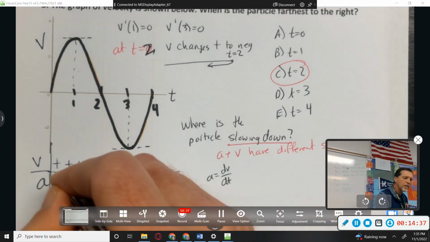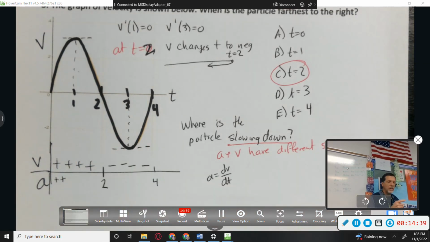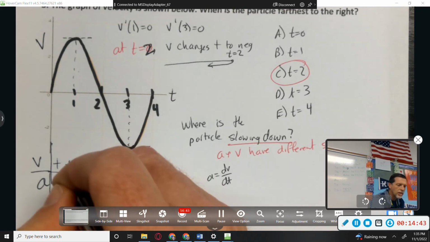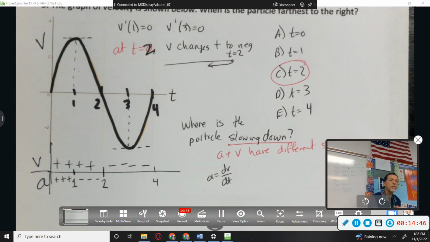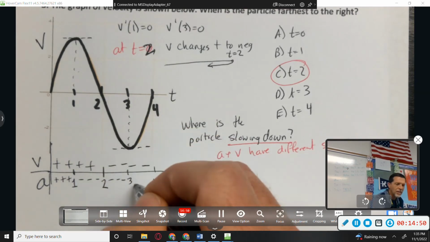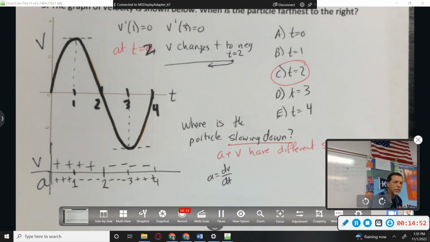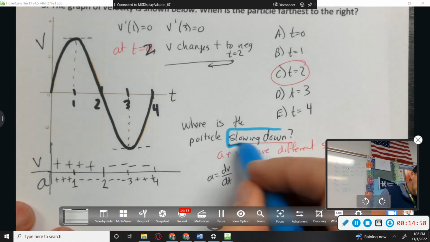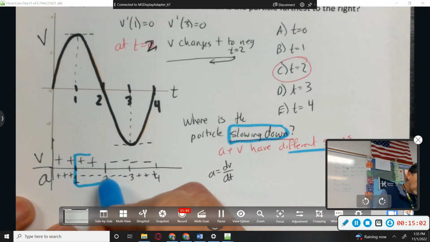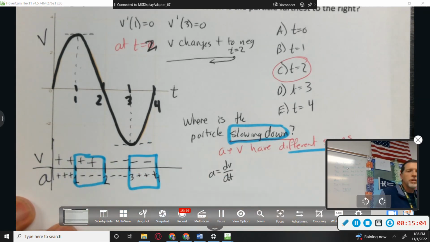So it's positive until 1, and then negative until 3, because the slope of velocity is negative, and then positive from 3 to 4. So it's slowing down. They have different signs from 1 to 2 and 3 to 4.